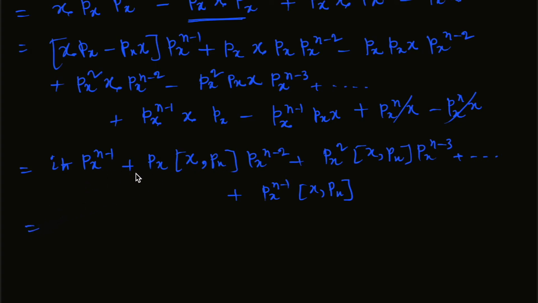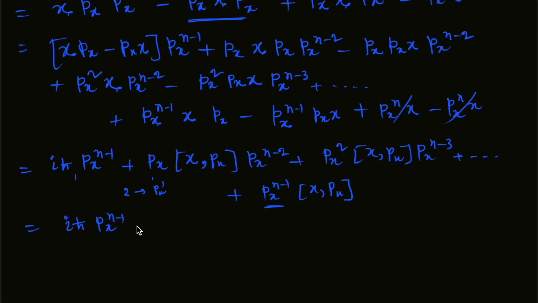So that means when the power n minus 1 means first power is 0, then this is first term, this is second term. Second term is corresponding to the power of px 1. That means this will be the nth term. Since the power is n minus 1, the term will be n. That means nth term is there. That means I h cut px n minus 1.